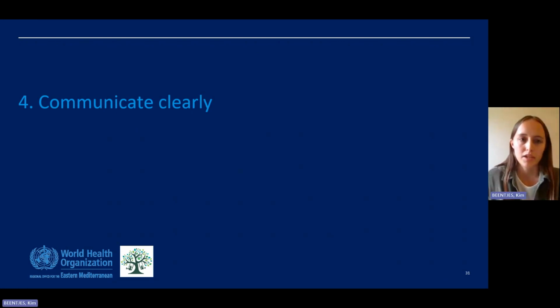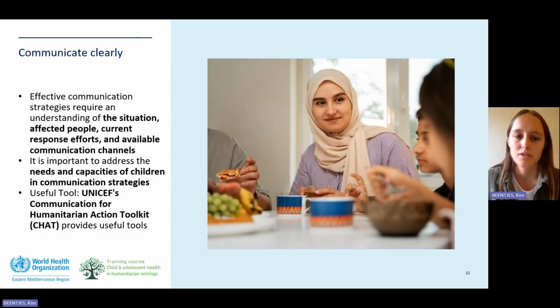Effective communication strategies require an understanding of the situation, also the affected people, current response efforts, and available communication channels. It's important to address the needs and capacities of children in communication strategies, and a useful tool for this is UNICEF's CHAT, which stands for Communication for Humanitarian Action Toolkit.